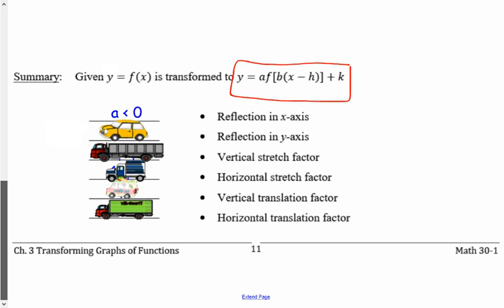If A is less than 0, then we have a reflection in the x-axis. Reflection in the y-axis if B is less than 0. Oh, we got a gong, a soft gong. Could have done this one next time.